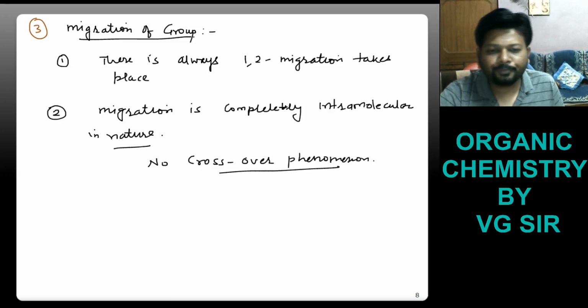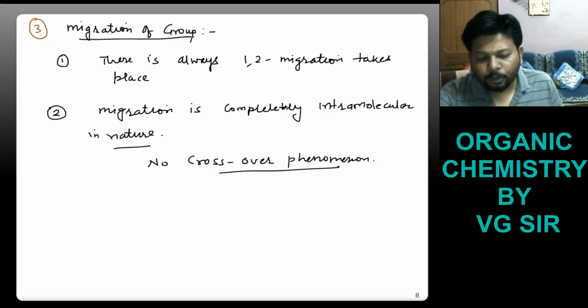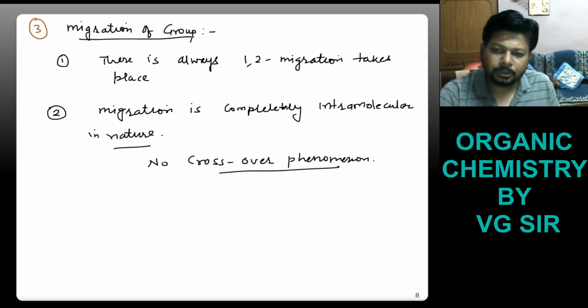What does it mean? It means if you are taking two molecules at the initiation of the reaction, then there will not be any exchange of groups between those two molecules. So there is no detaching of the migratory group. It only shifts from the first carbon to the second carbon. So no intermolecular reaction takes place, the reaction is completely intramolecular.